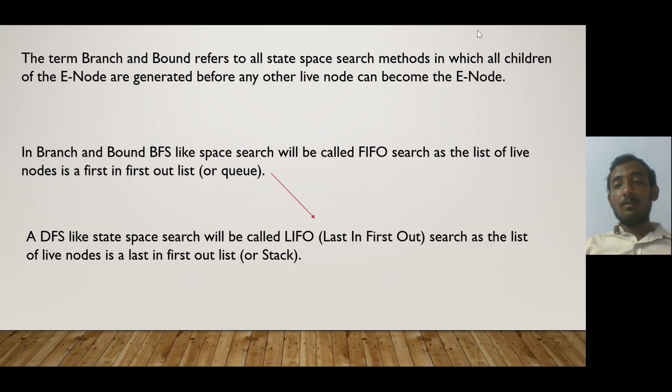It can also be called a queue data structure. A DFS-like state space search will be called LIFO, last in first out, which refers to the stack data structure, as the list of live nodes is a last in first out list.